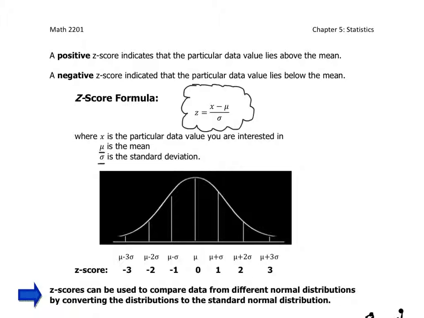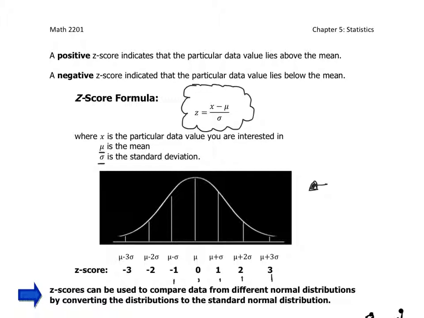So a normal distribution curve that uses z-scores looks like this one right here. Your mean would be at position 0, and then 1 would be 1 standard deviation above the mean, 2 standard deviations above the mean, 3 standard deviations above the mean.